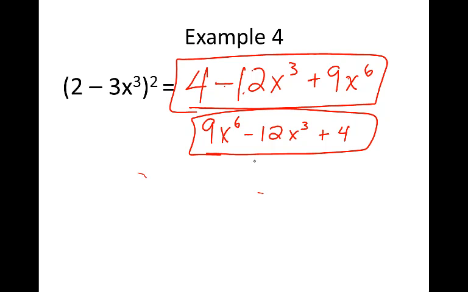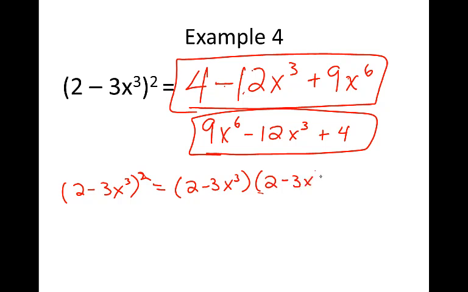You should get exactly the same thing if you just FOIL this out. 2 minus 3x cubed squared. You can just write this down twice. 2 minus 3x cubed times 2 minus 3x cubed. 2 times 2 is 4. And 2 times that would be minus 6x cubed.